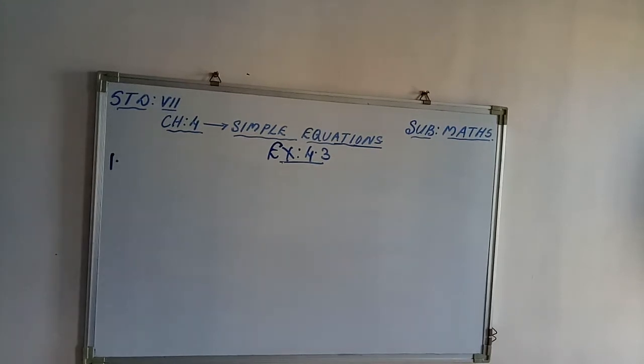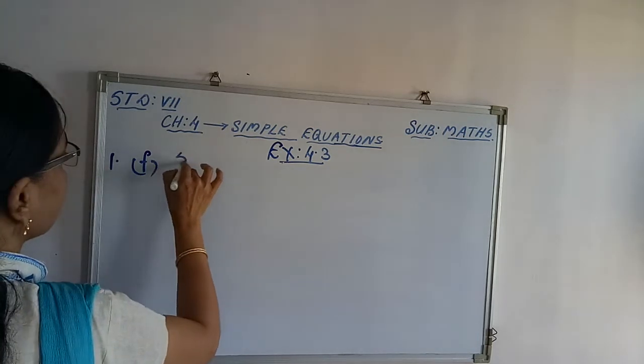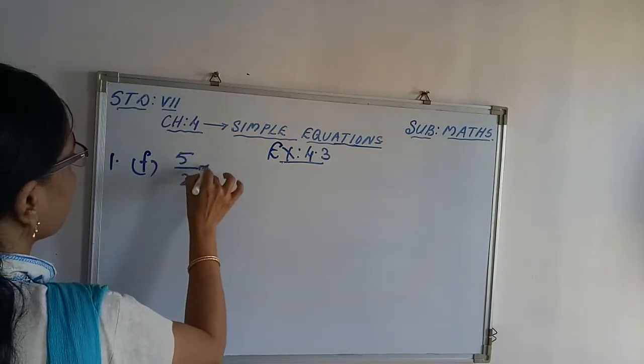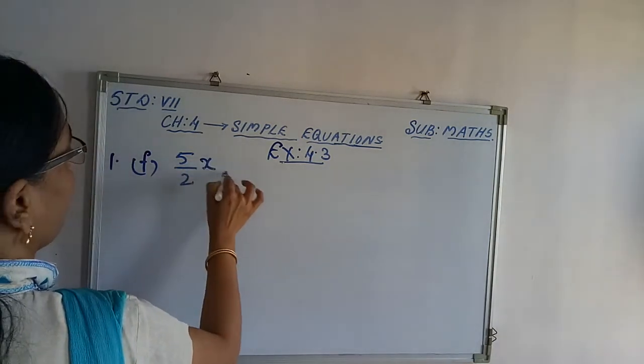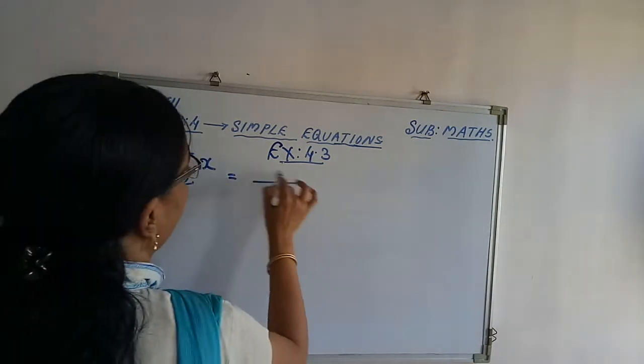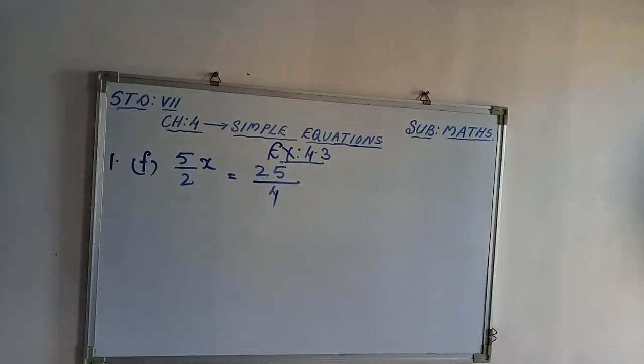Next one, F. 5 upon 2 x is equal to 25 upon 4. Same way, first multiply both the sides by 2.